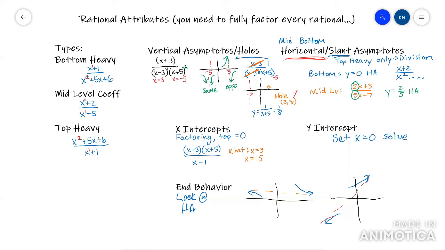Again, if there was something that canceled, like say I had x plus 2, x plus 2, like this, I would not have an x-intercept at 2 because these cancel. I would have a hole at 2. I mean at -2, sorry. And then lastly, last couple things, y-intercepts should not be that difficult.